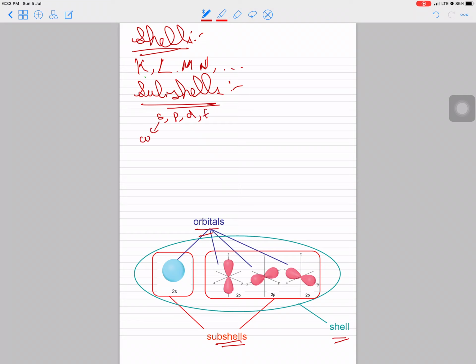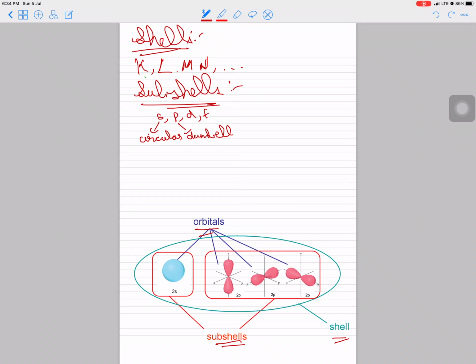This is circular. This is dumbbell. In today's class, we are going to concentrate only on circular and dumbbell shapes, that is the s and p orbitals. Not so much on d and f, but they still are important. This dumbbell shape you can see here, you have three dumbbell shapes. Why, I'll explain. What are these three and how are they different from subshells? We will look into that in this video itself.